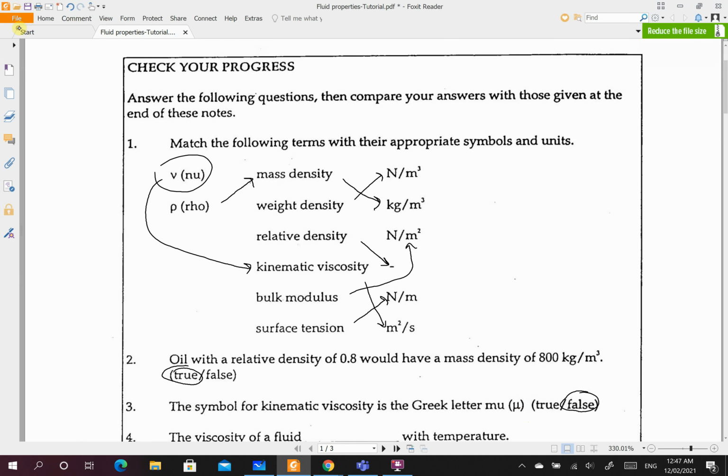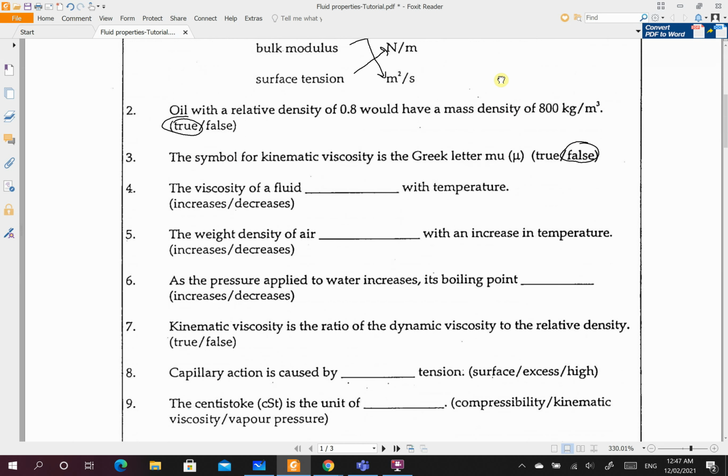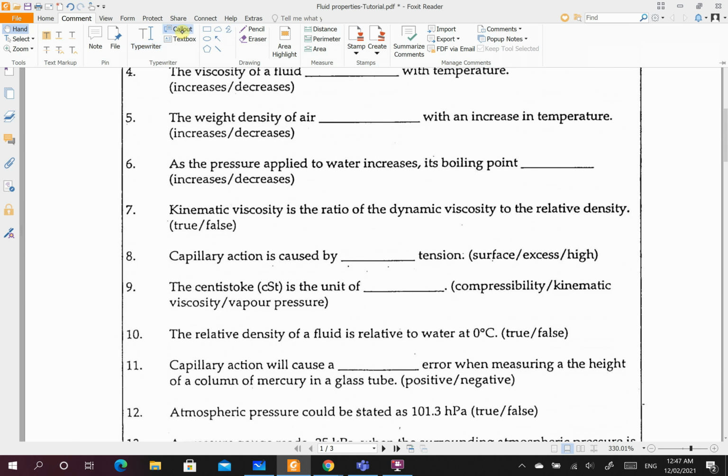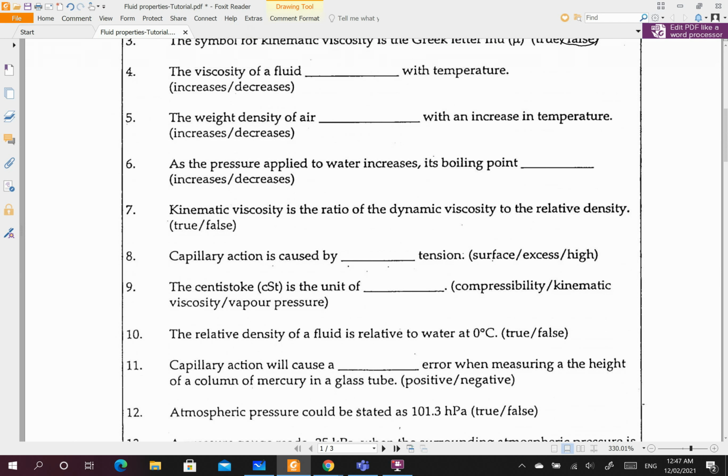I'm going to move down this. The viscosity of a fluid increases or decreases with temperature, so it decreases. Alright, as we heat up honey, it becomes a lot easier to move around, so the viscosity decreases. The weight density of air increases or decreases with an increase in temperature.